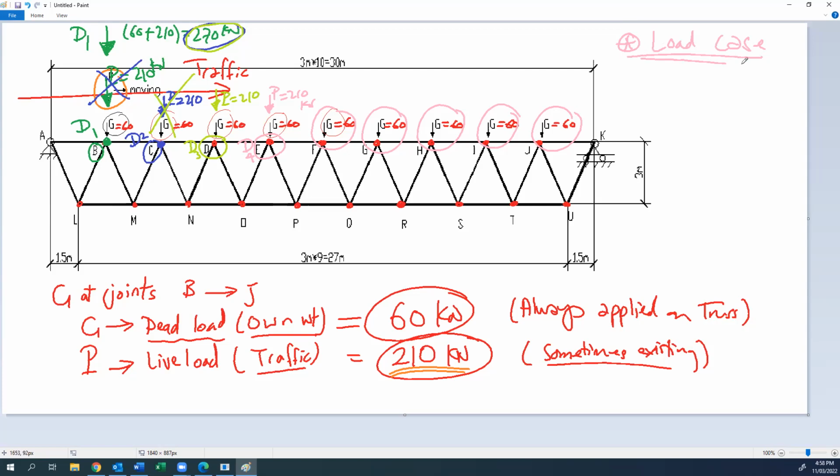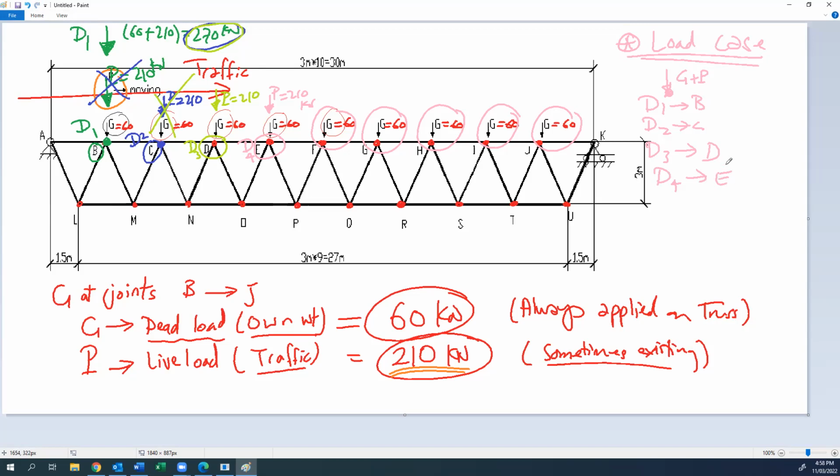Each load case has G plus B at one point: group D1 at joint B, group D2 at joint C, group D3 at joint D, group D4 at joint E.